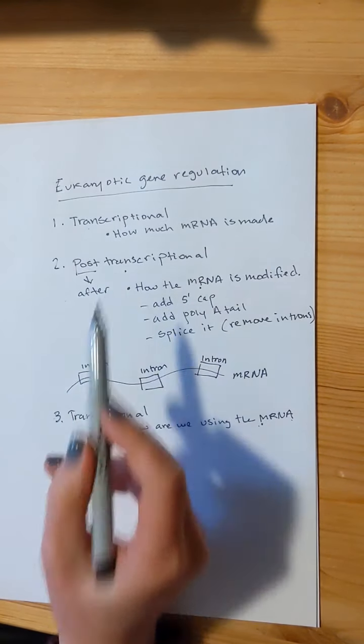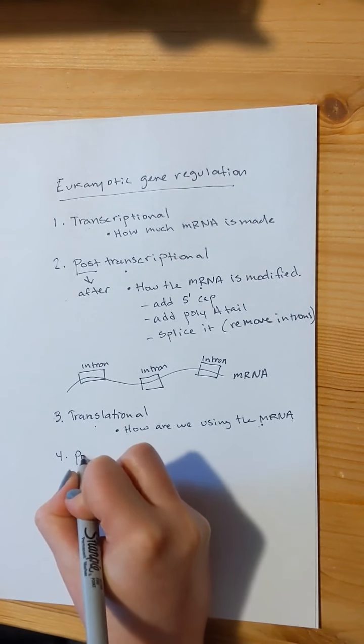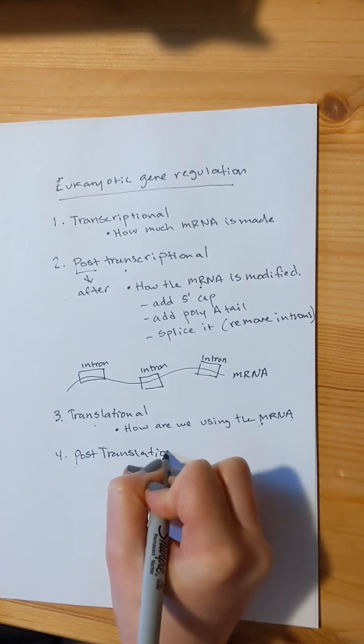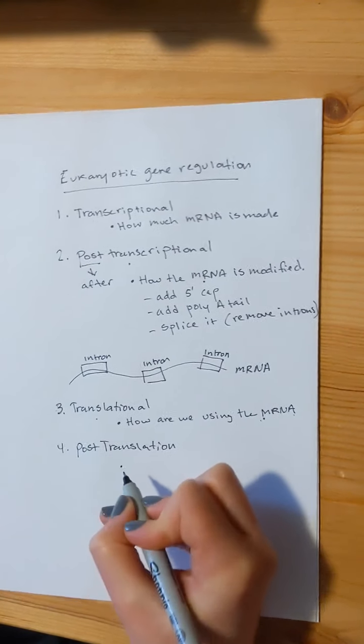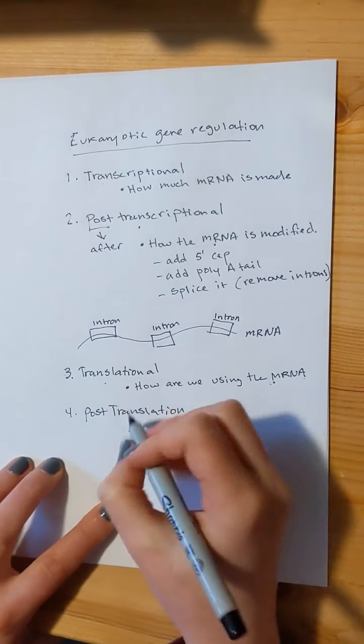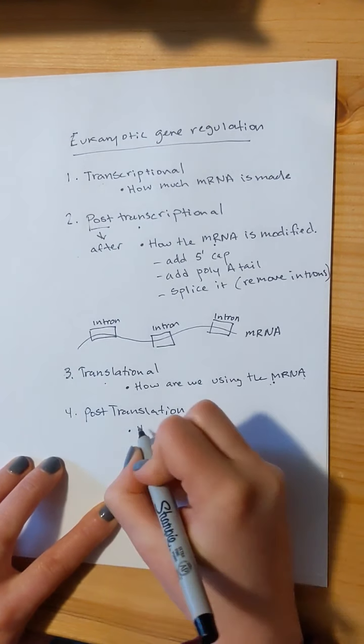Just like we had a post-transcriptional, our fourth option is going to be post-translational. In post-translational gene regulation, you're going to be looking at how the protein is being used, because you know that you made a protein because you did translation.